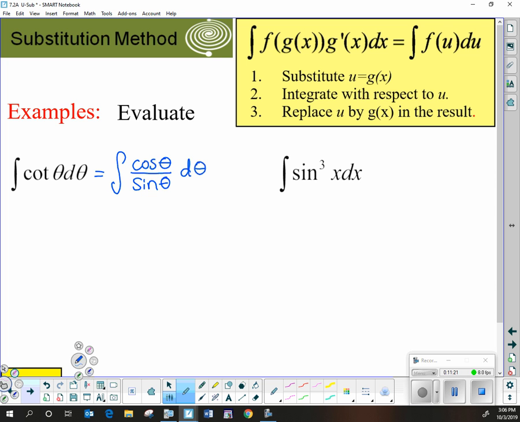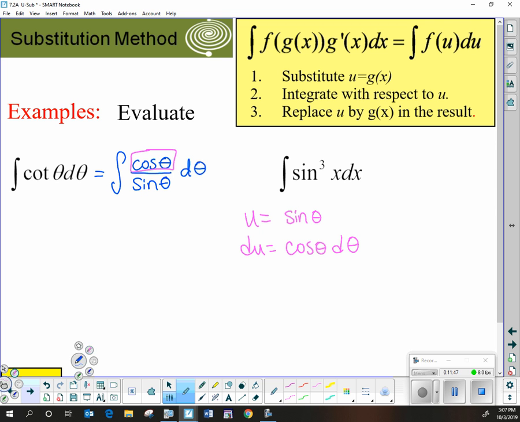So which one do I want to allow to be my u? I'm going to allow the bottom to be my u, because this is a numerator response when I take my derivative, and that's what I want to match up to, the numerator cosine theta d theta. Oh, that's a perfect match, isn't it?